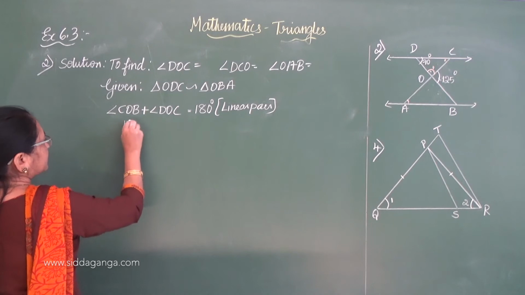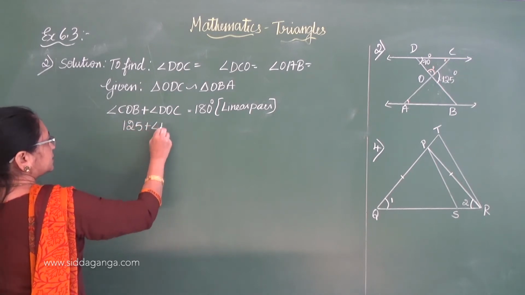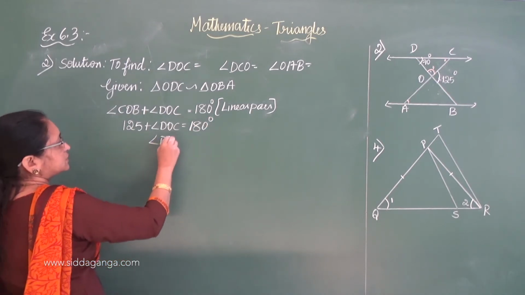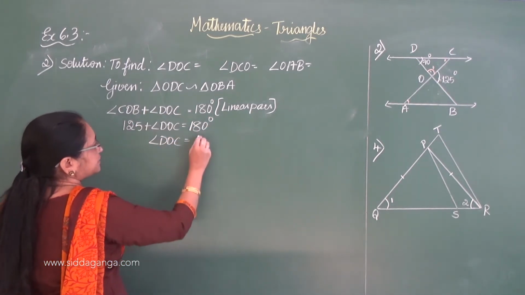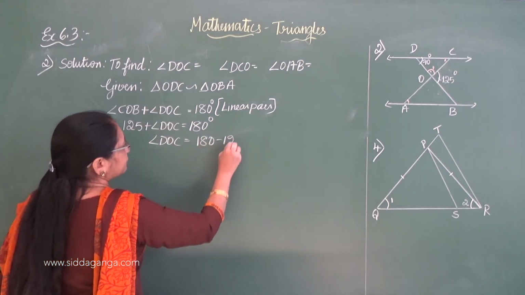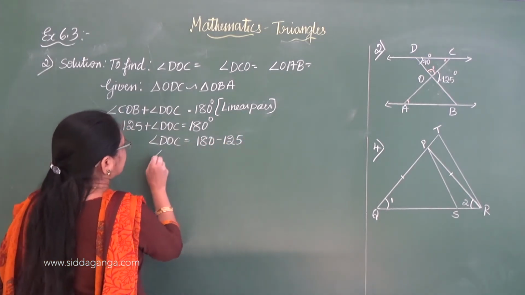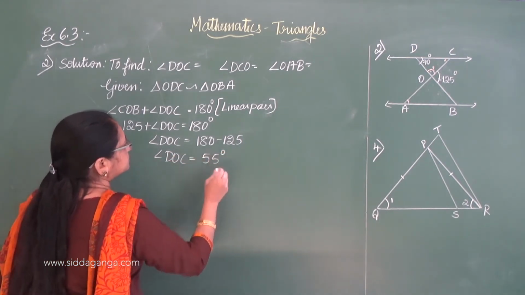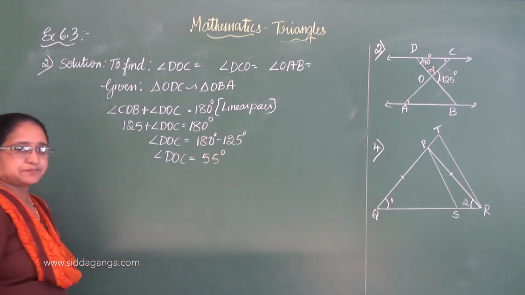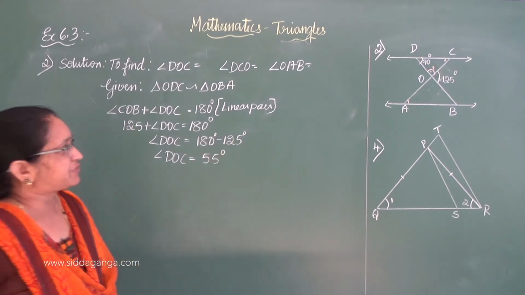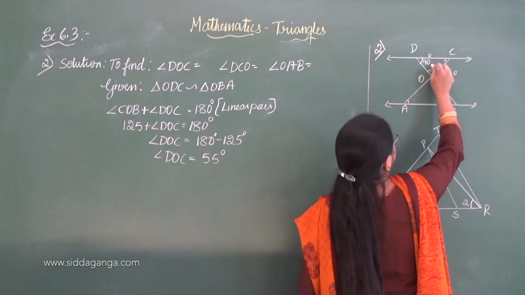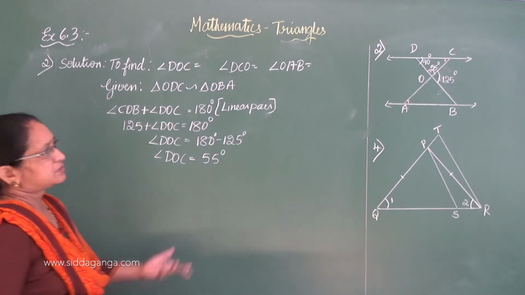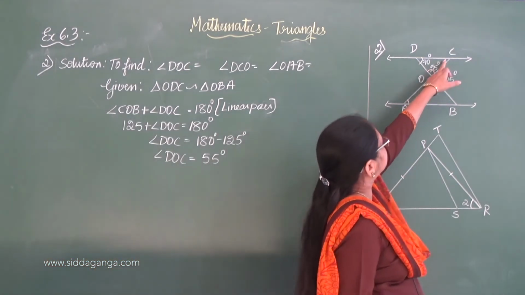COB is 125, plus angle DOC is equal to 180. All these are simple problems. So DOC is equal to 180 minus 125. So you will get angle DOC as 55 degrees, correct? So angle DOC is 55 degrees.